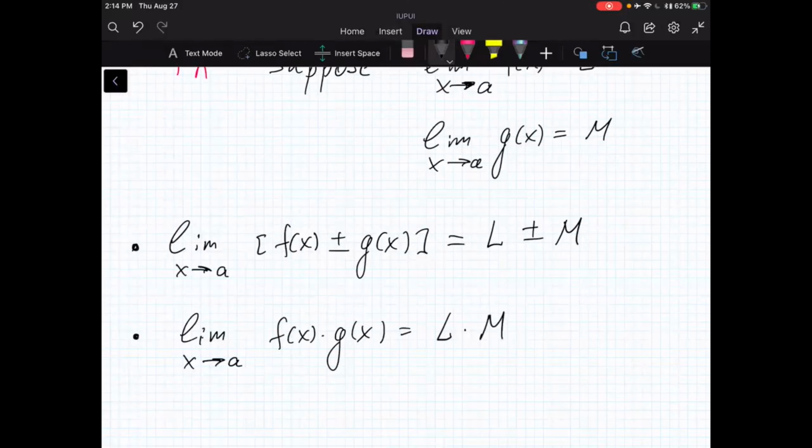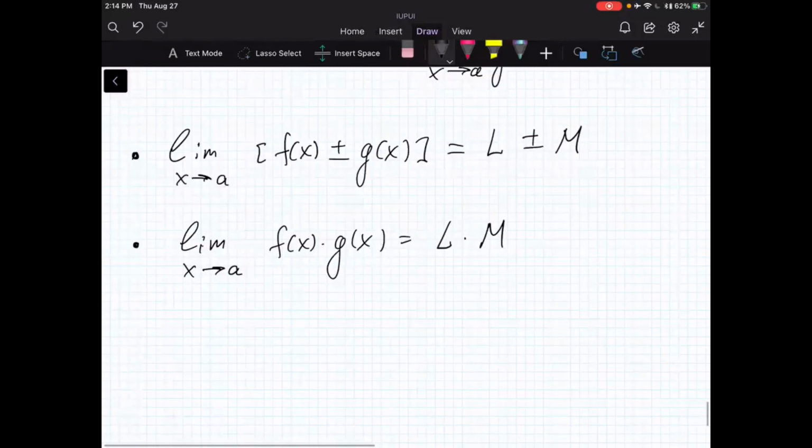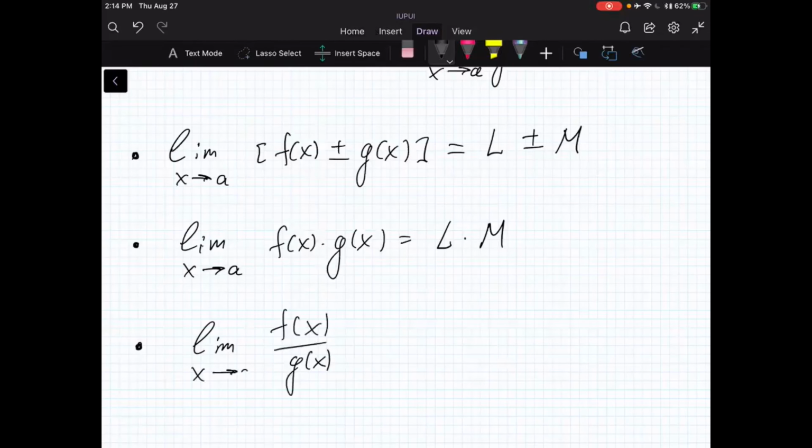And the same happens with the ratio, except there is a small problem, of course, when the limit of g is 0. But if it's not 0, then there is no problem at all. It's L over M, but in case when M is not 0.